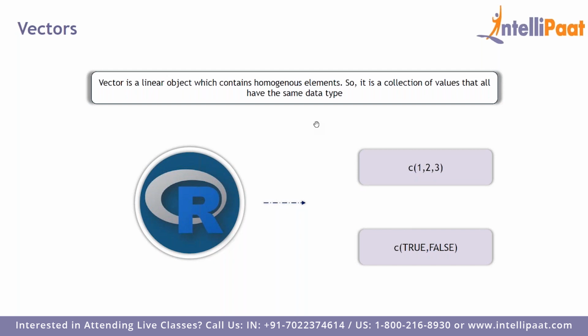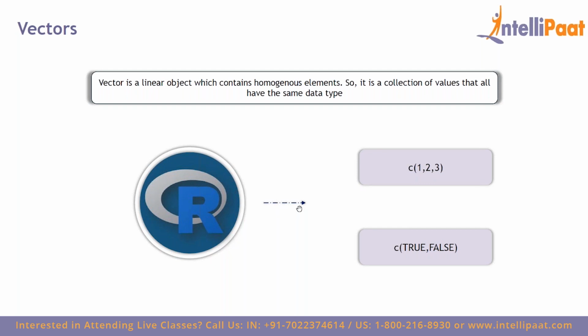So when we say linear object, you can think of just one column, say customer age, and that is what a vector can represent. It cannot mix anything. It's just one single column with only one data type. That's why we're calling it homogeneous. So c(1, 2, 3), c(TRUE, FALSE), or maybe in terms of age, c(20, 30, 40).